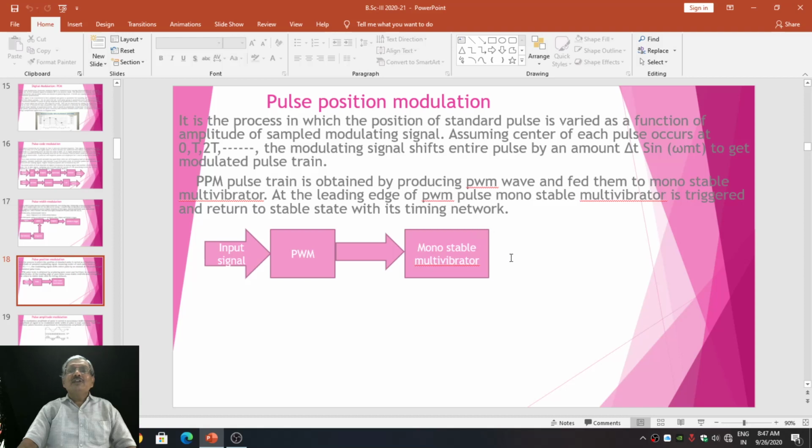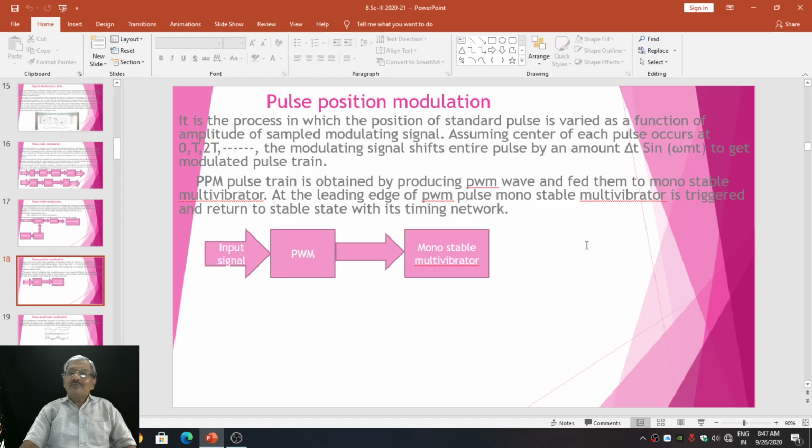Again it goes to the stable state. With this process, at every leading edge of the pulse width modulated wave, the position of the pulse is shifted by an amount delta t sine of omega t. So this concept we call pulse position modulation.